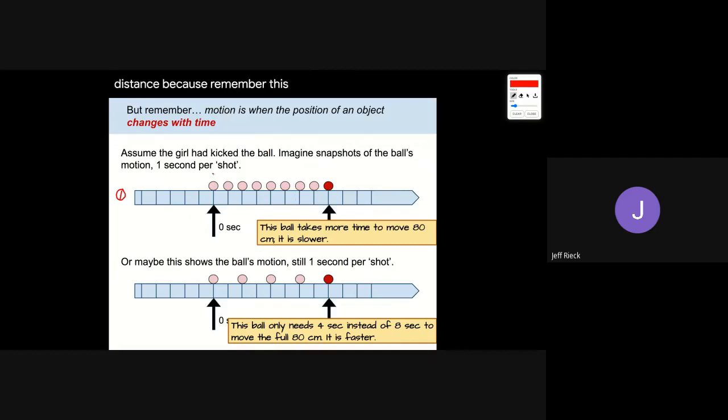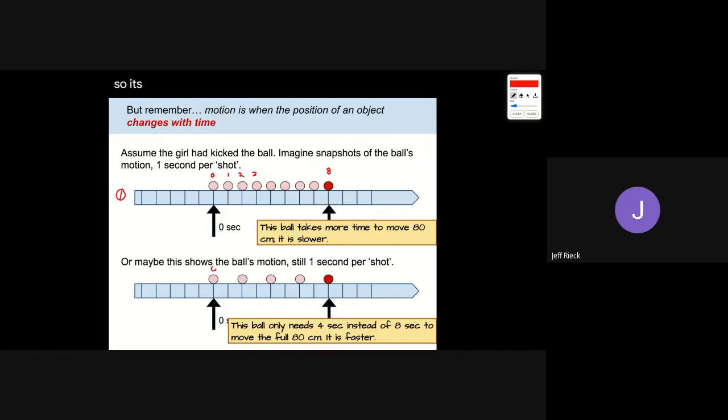Because remember, this is its position at 0 seconds, 1, 2, 3, 4, 5, 6, 7, and then all the way to 8 seconds. In our second example, the ball is moving quite a bit faster.